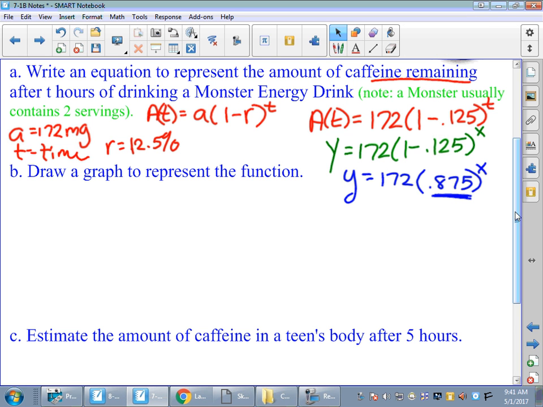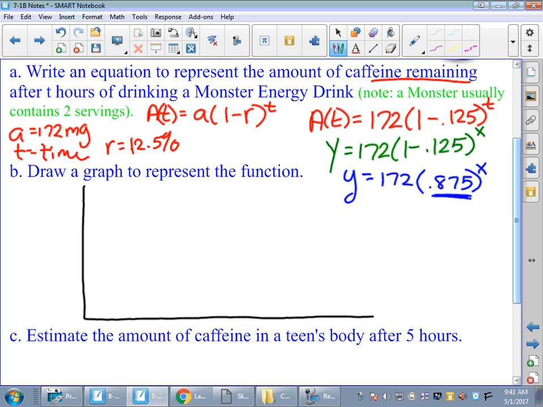Now, if I'm going to graph this, we'll just pick some values. If X is 0, that would raise that to the 0 power. That would be 172. So that's the highest I would be, 172 milligrams of sugar. So this is sugar in milligrams, and this would be time in hours.